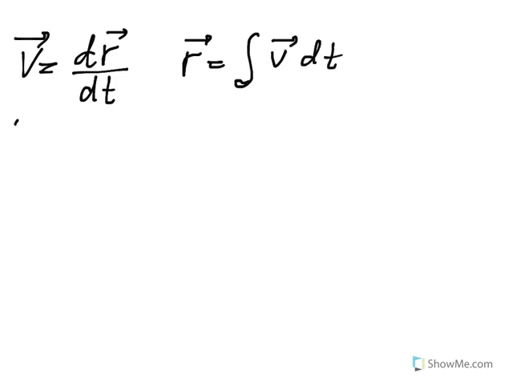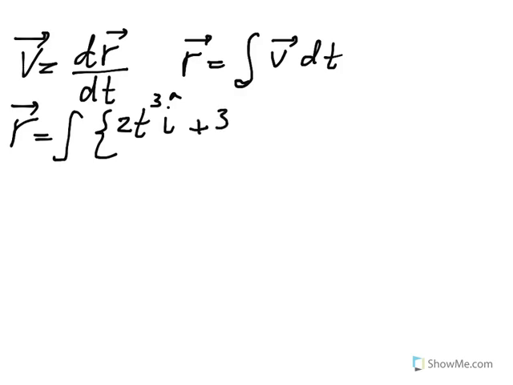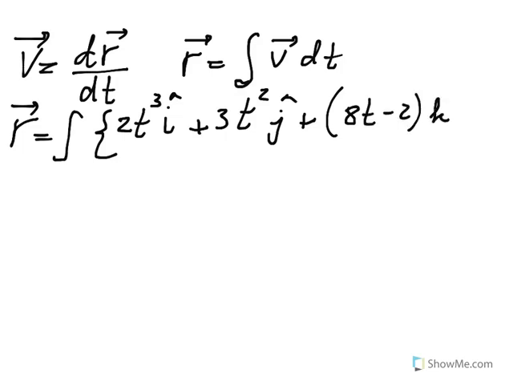So we go ahead and integrate the velocity. Remember, velocity was given as 2t cubed i plus 3t squared j plus 8t minus 2k.